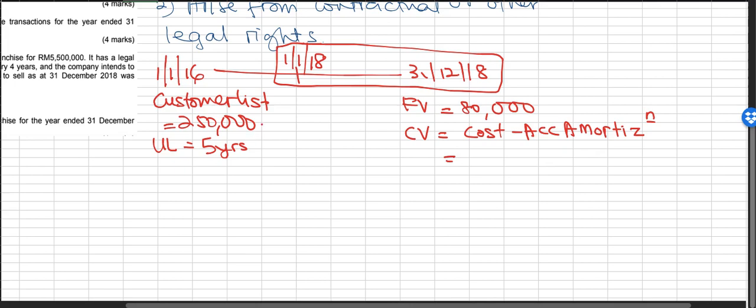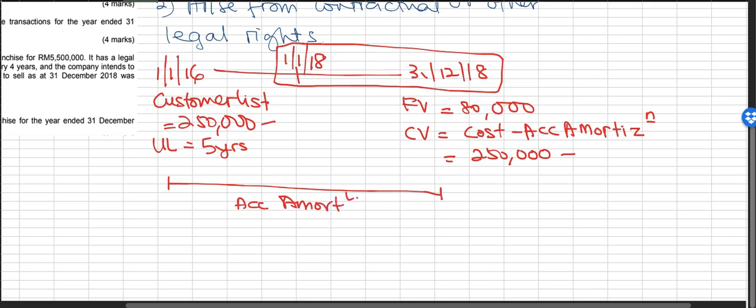Cost here is 250,000 minus the accumulated amortization from the day you acquire the IA up to the revaluation date. That is 250,000 divided by 5 years, times 3 years, from 16 to 18.